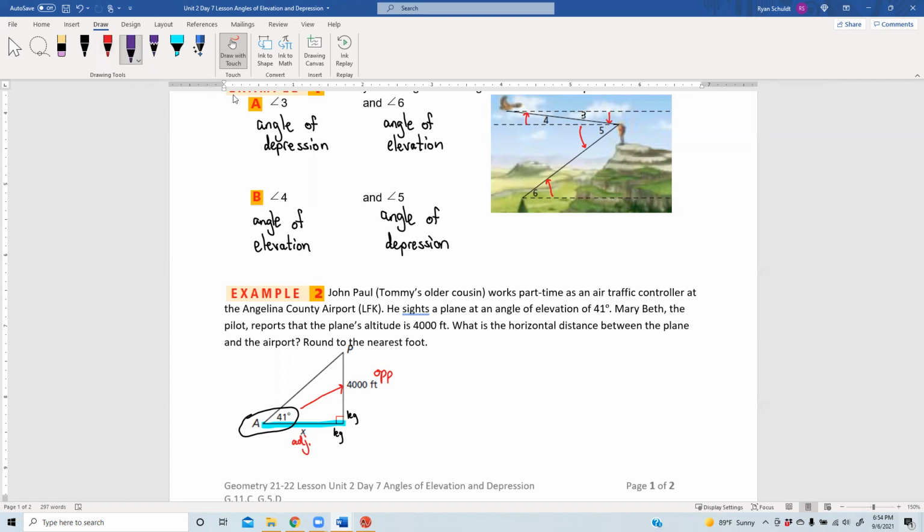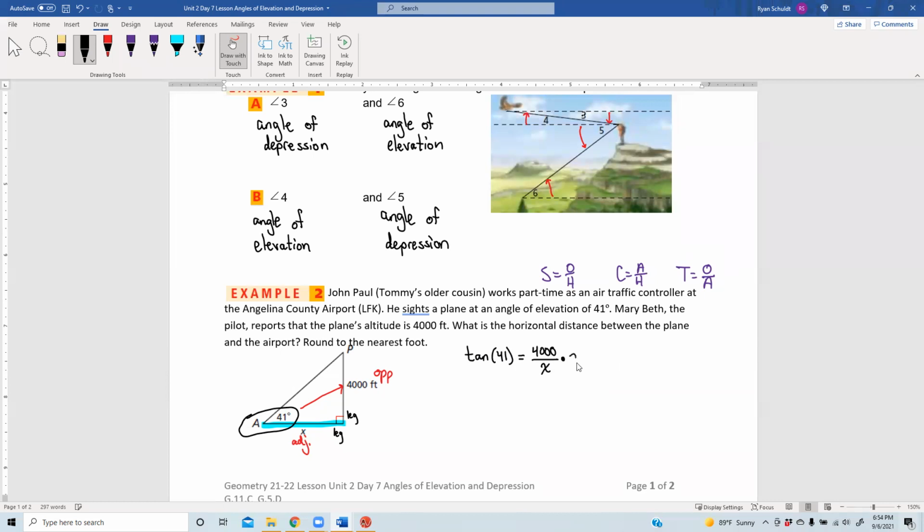So if we think back to SOHCAHTOA, which one uses opposite and adjacent? Tangent. So I'm going to have the tangent of 41 equals 4,000 over X. And now I just need to solve.